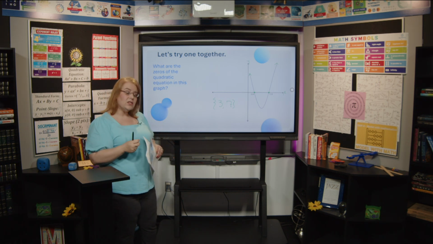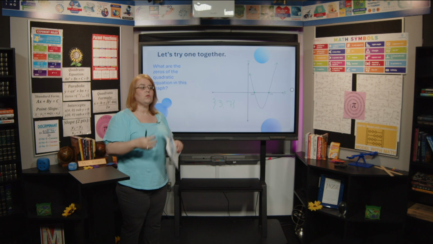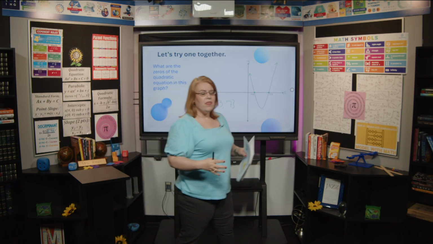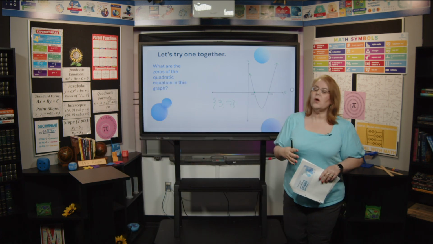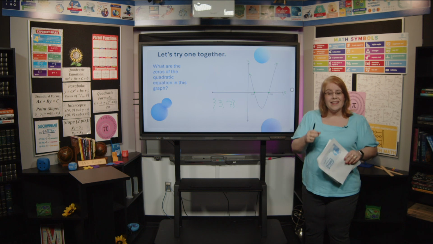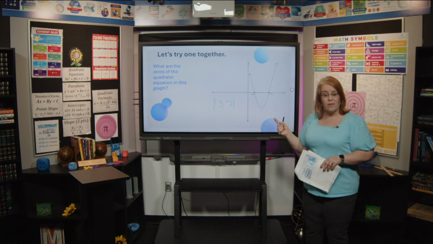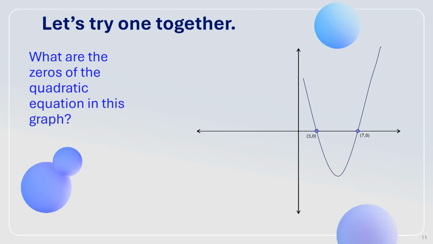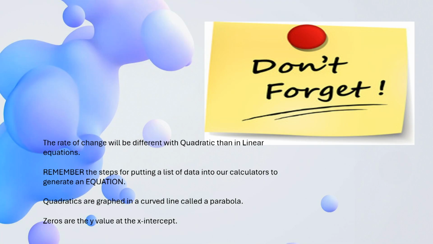So we got to make sure that we are looking at these graphs and we are getting all that information that they can give us. I've always told you, make sure you study and analyze those graphs, because you can get more information from these graphs than you can from a lot of things about the problem. Now we want to remember, the rate of change will be different with quadratics than in linear equations.